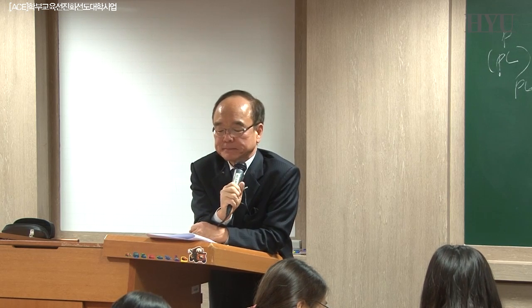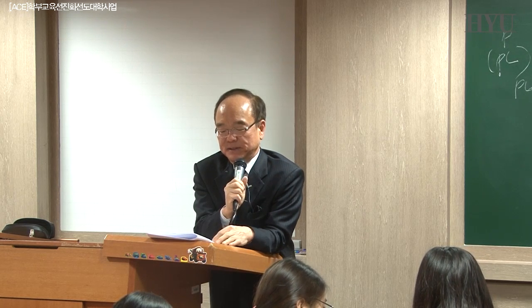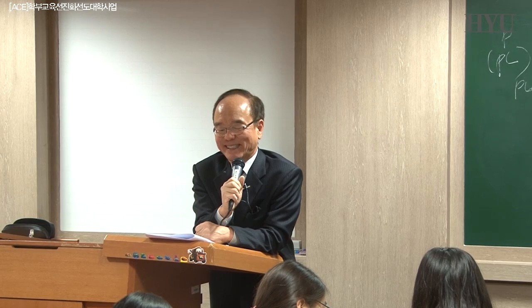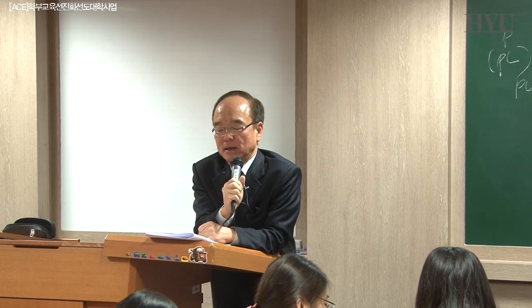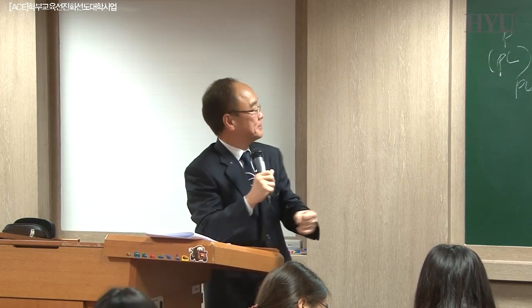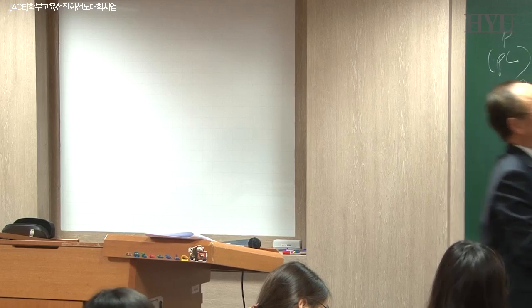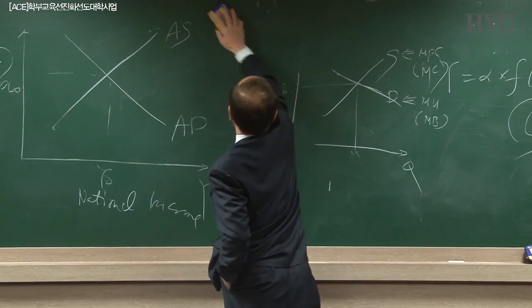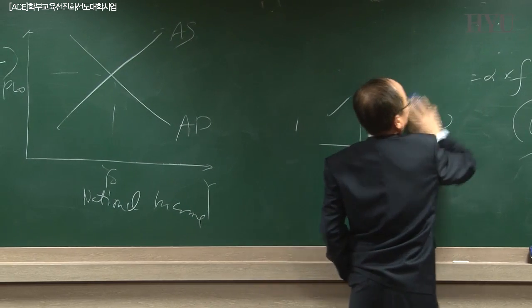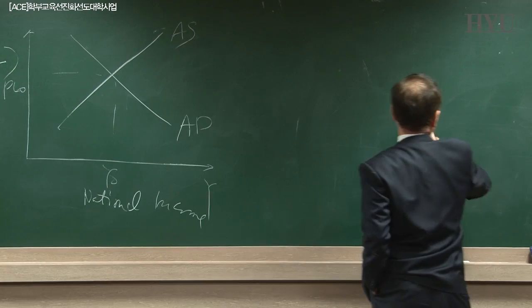Now let's attack the AD curve first. This is our last job today, to understand what the AD curve looks like. AS curve Wednesday, AD curve today. Why might an AD curve be downward sloping?